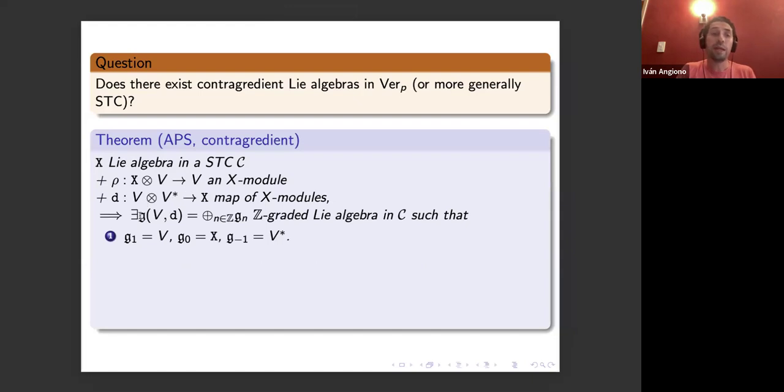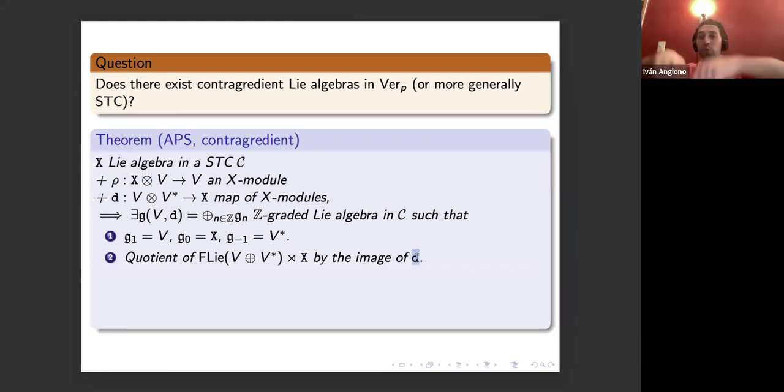What we can prove is that there exists a contragredient Lie algebra, which is a Z-graded Lie algebra in the category, with the representation B in degree 1, the dual in degree -1, and X in degree 0. As I said, the image of D is a way to control the bracket between degree 1 and -1 going to degree 0. So there is some kind of free Lie algebra that you can define between B and B dual.